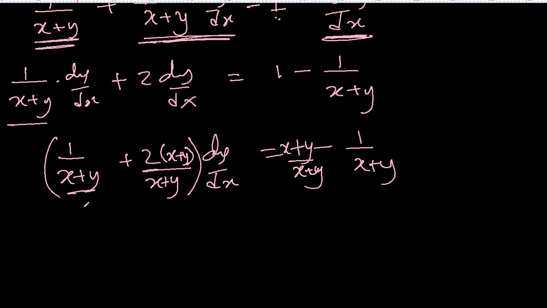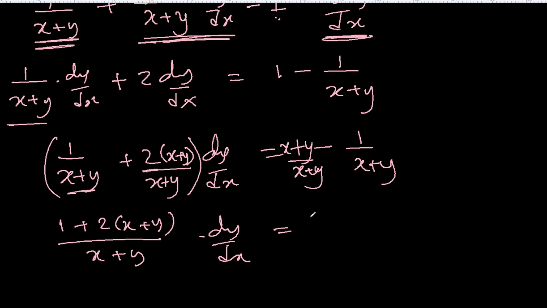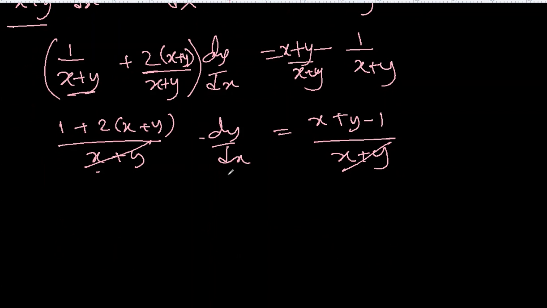And let's make them simple now. It becomes (1 + 2(x + y)) divided by (x + y), times dy over dx, and this becomes (x + y minus 1) over (x + y). Since both of them have (x + y) as denominator, and they're multiplying, they can cancel out. And dy over dx remains here.